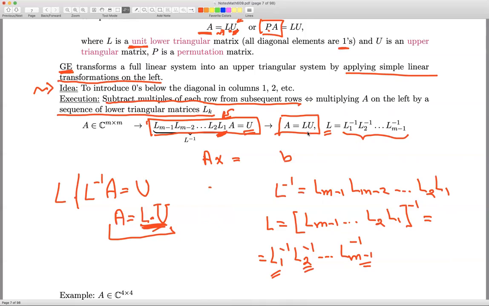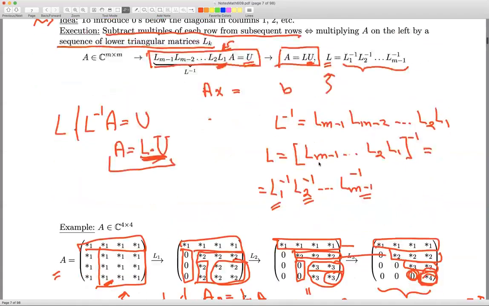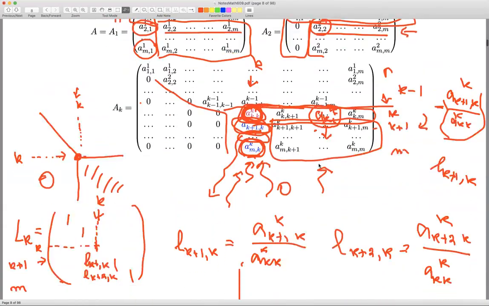We know that the matrix U is an upper triangular matrix. What we need to show is that the matrix L is a lower triangular matrix, and this is what we are going to do next.